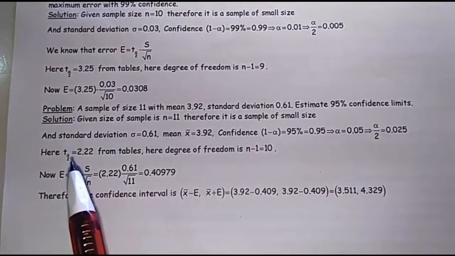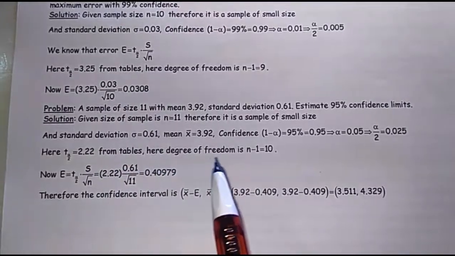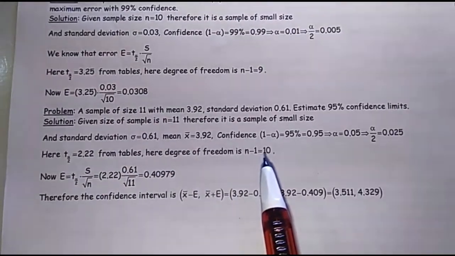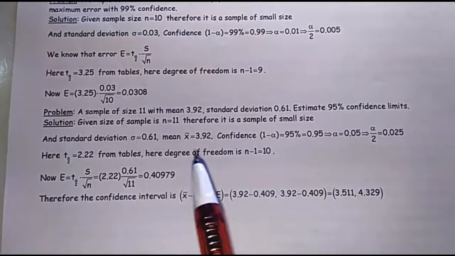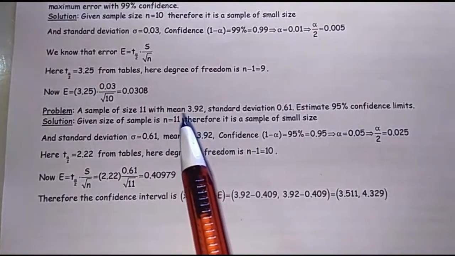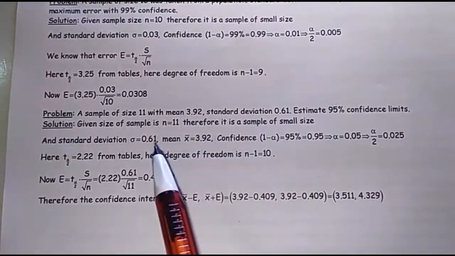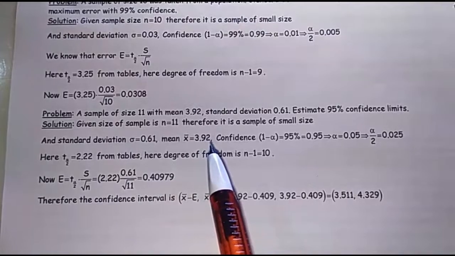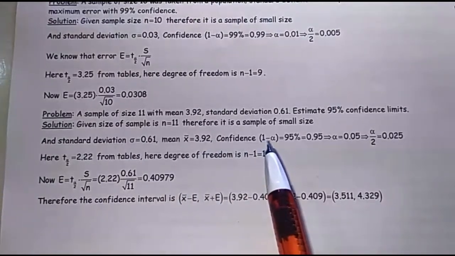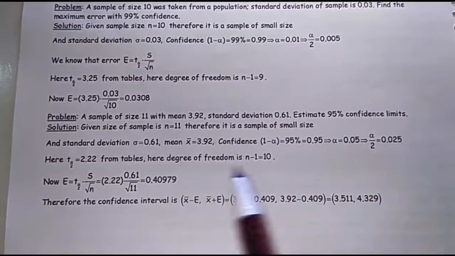Here t alpha by 2 equals 2.22. We get it from the table. Here the degree of freedom is n minus 1, that is 10. Now in our problem, given standard deviation sigma 0.61, mean x bar equals 3.92, and confidence 1 minus alpha equals 95%, implies alpha by 2 equals 0.025.